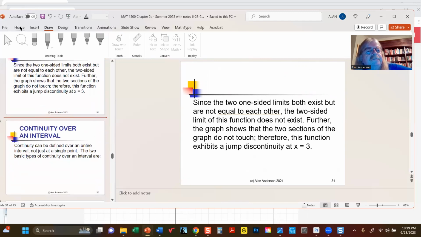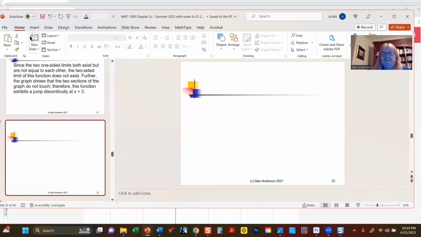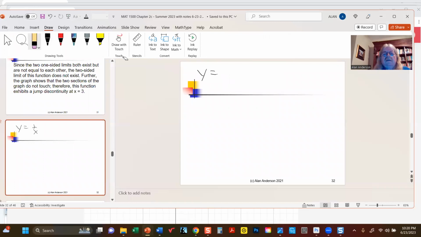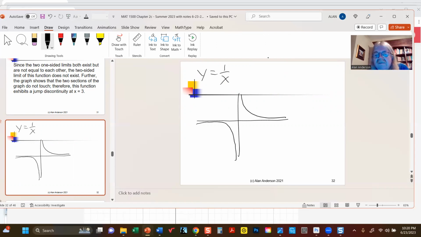For example, just something as simple as y equals 1 over x has an infinite discontinuity when x equals 0.